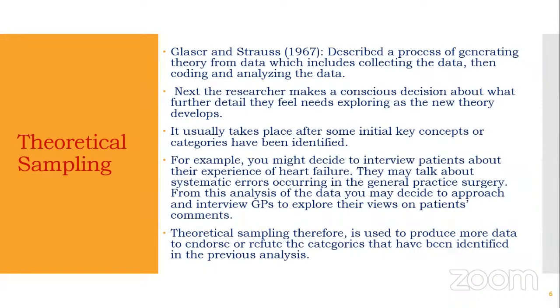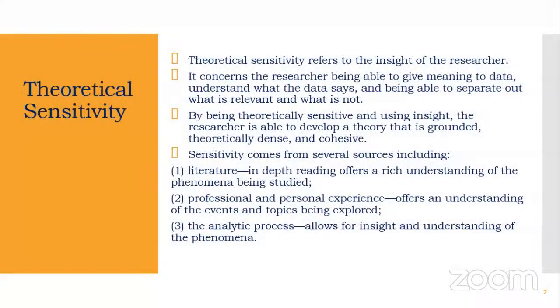When you reach a state where you feel that, okay, I have enough data to substantiate my hypothesis, my claims, my assumptions, then you stop. So that's the state of what we call theoretical sampling.